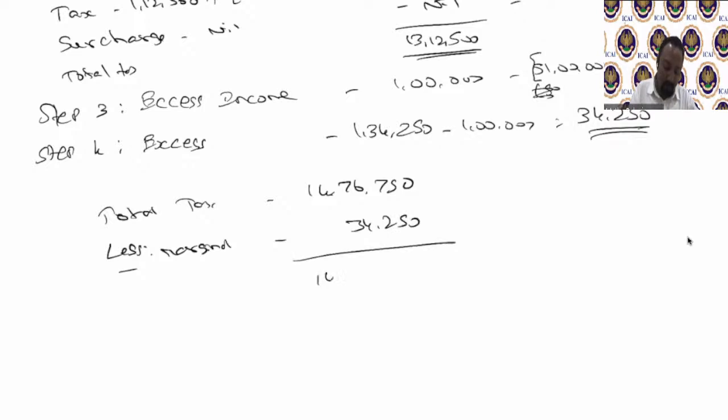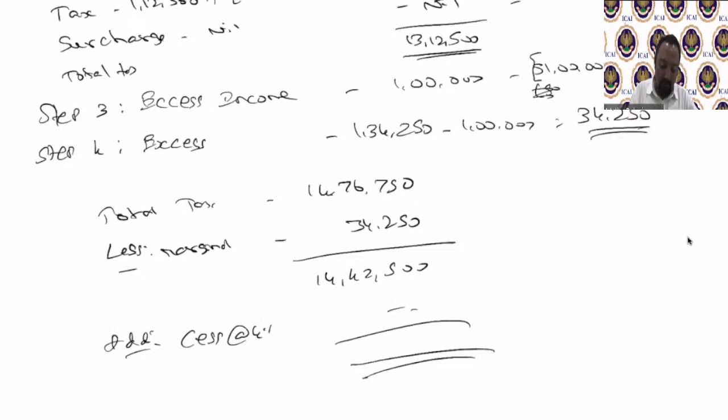So you get it as what? 14,42,500, right? 14,42,500. If I'm right, yeah. So this 14,42,500 becomes your actual tax. Now you add cess on that. Cess at 4% to get the tax payable. Clear? So this is marginal relief.